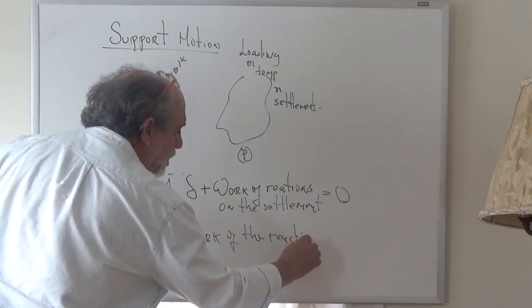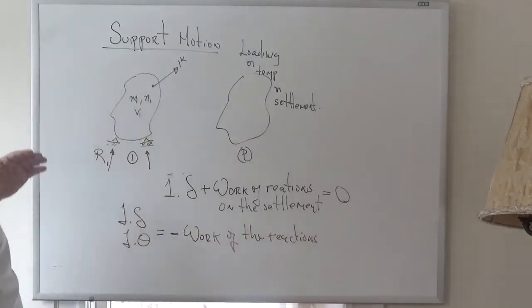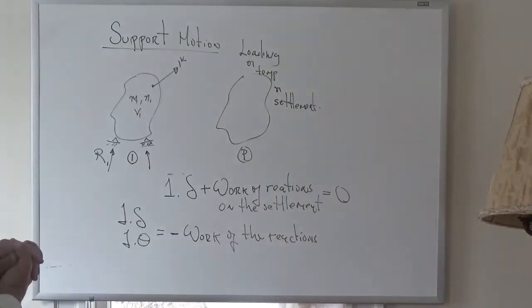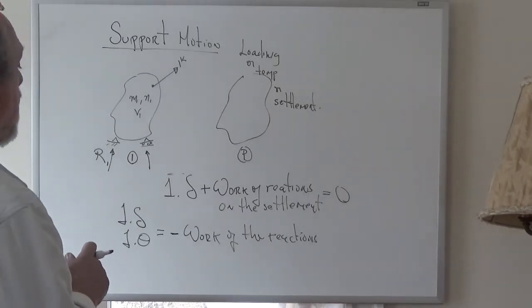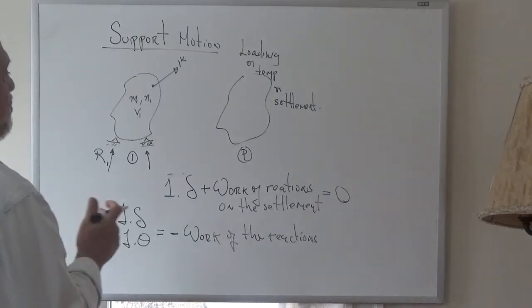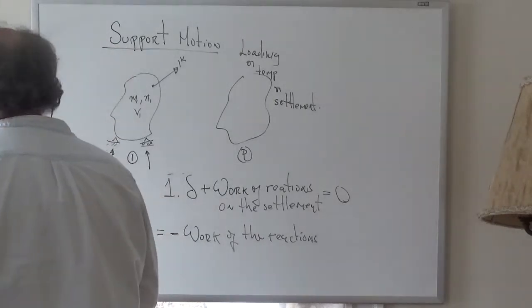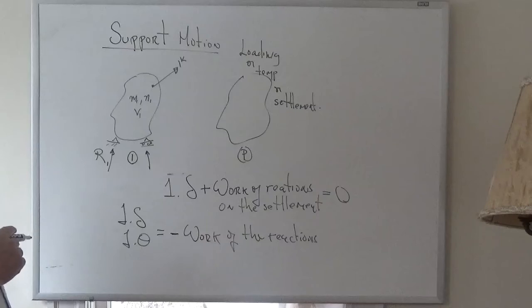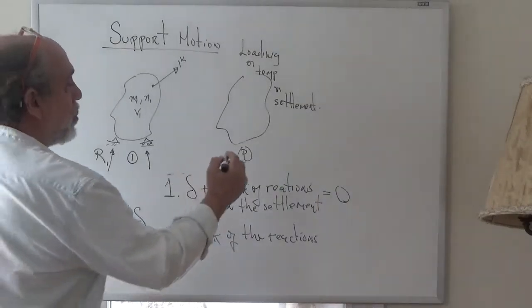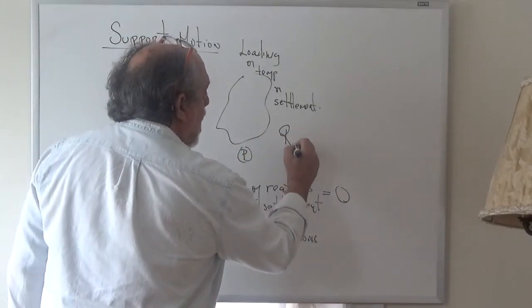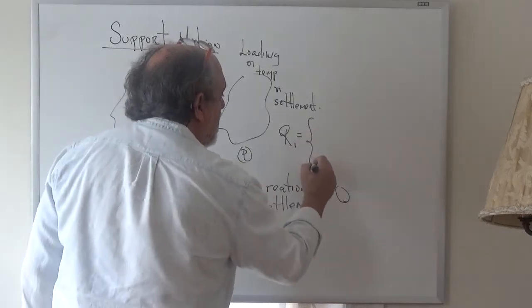And that's it. So all I'm going to do is to say, how can we systematically calculate the work of the reactions? Not that you really need a formula to do that, because it's just force times displacement. But just to have a systematic way, if you are to list the reactions R1 in a list, right?